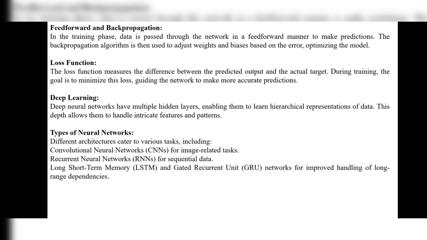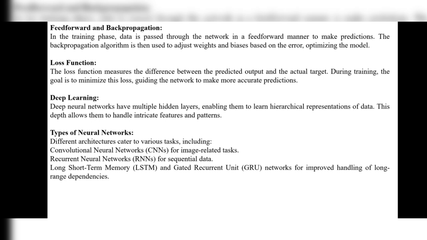That means each layer computes the next one by one. So feed forward means next by next to make predictions. The back propagation algorithm is then used to adjust weights and biases based on the error, optimizing the model.